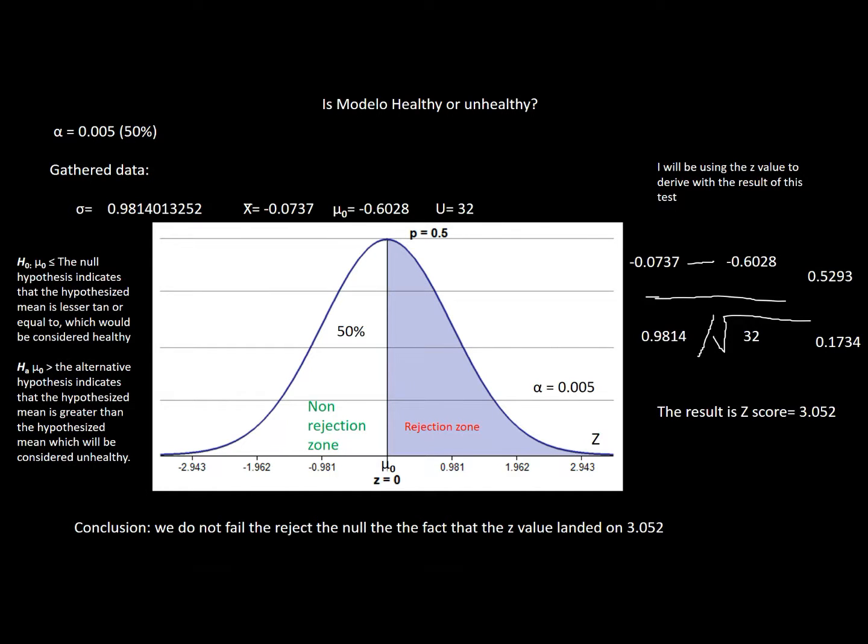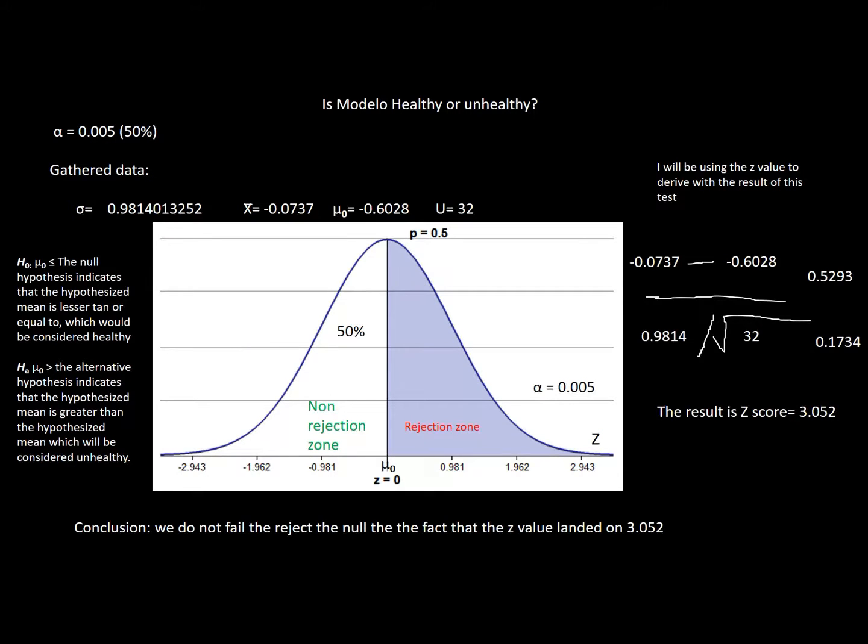And I subtracted 4 days when you didn't drink any Modelo or any alcohol whatsoever. And the beer units, or n, some people use u, but n also, is 32.